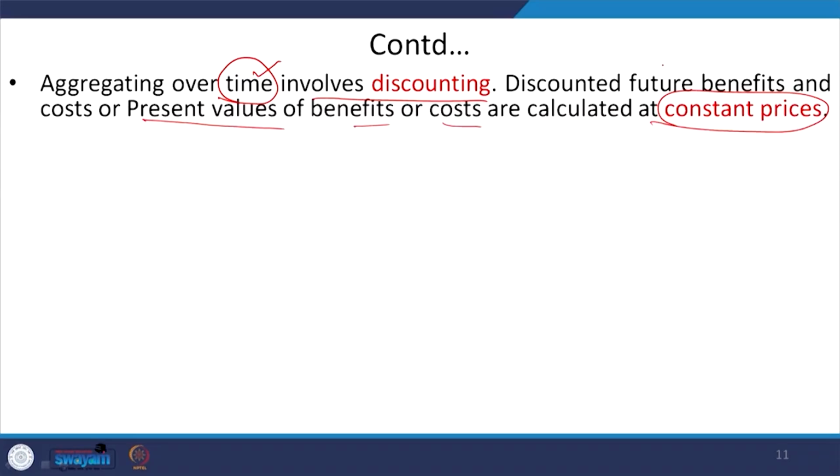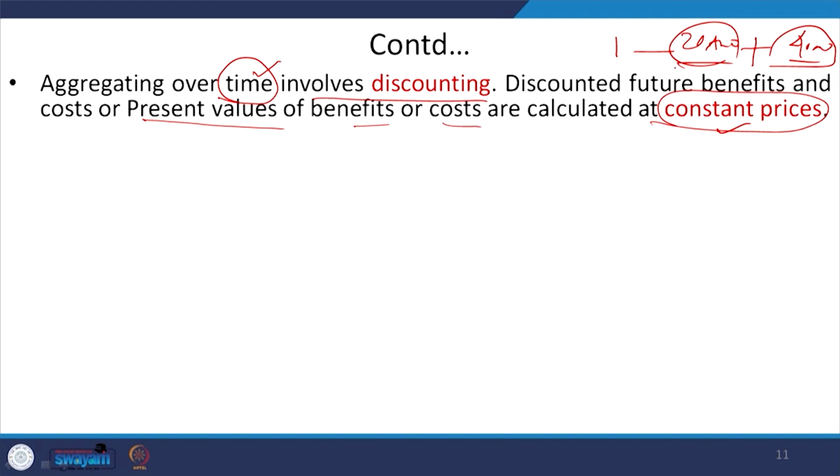We cannot say that for the first year, right now, we are getting some benefits of 20,000 rupees, and after 2 years we will be getting 40,000 rupees, and just sum them. They cannot be aggregated if we take not the constant price, but the current prices.